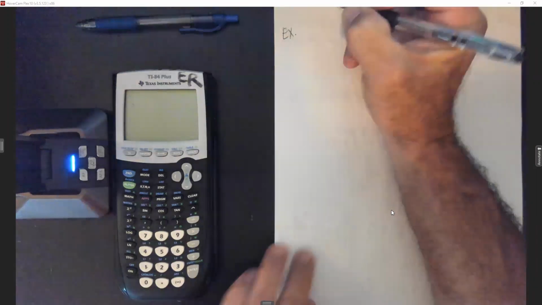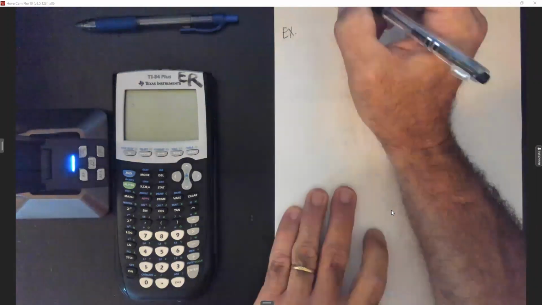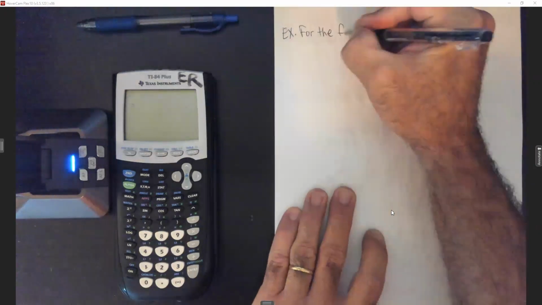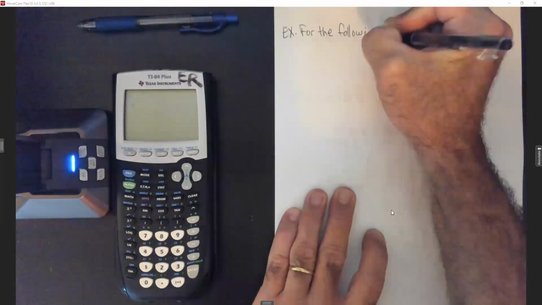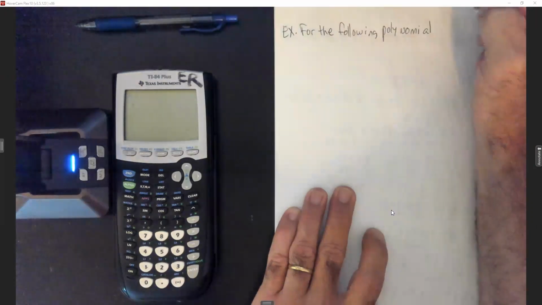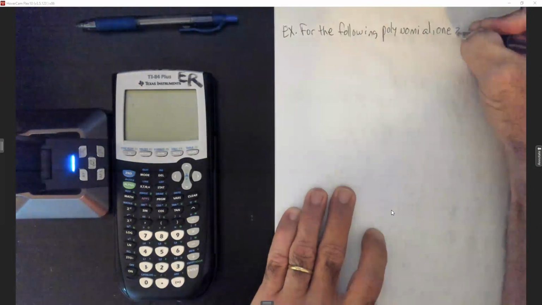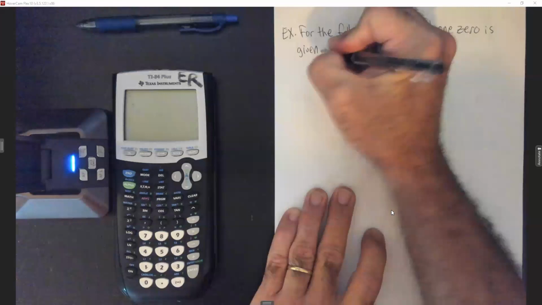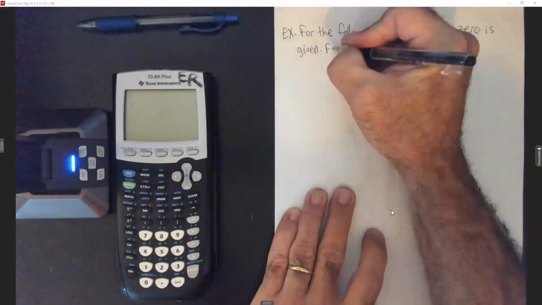All right, so this next problem is going to pull in some of what we learned yesterday. So let me write it down and show you what we got to do. So for the following polynomial, one zero is given. It says find the remaining zeros.